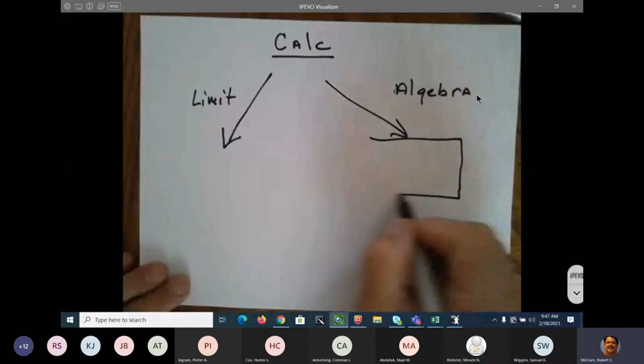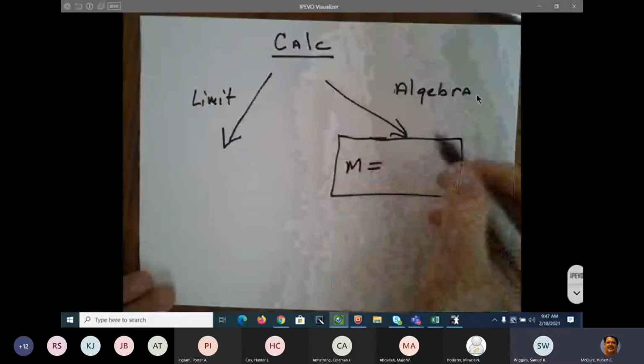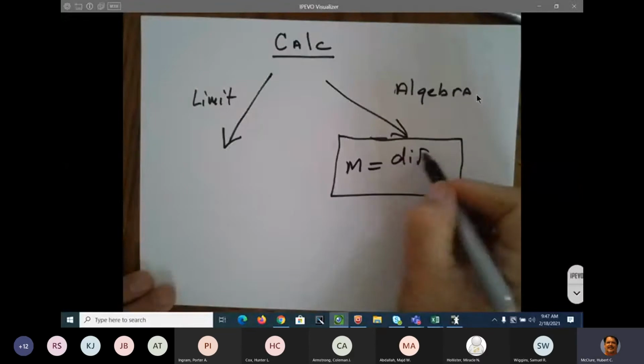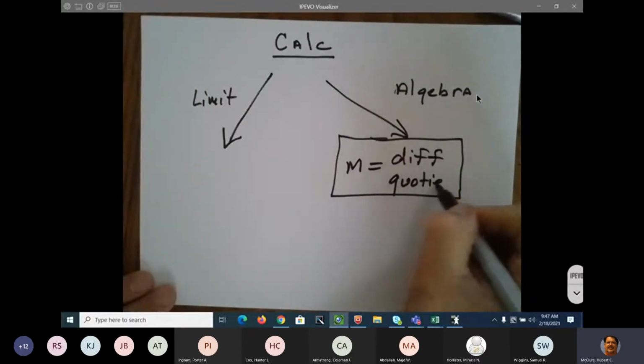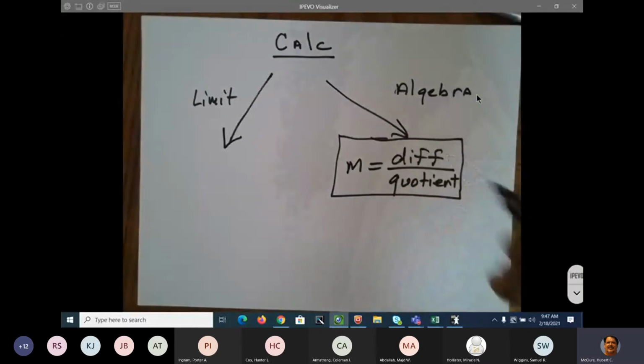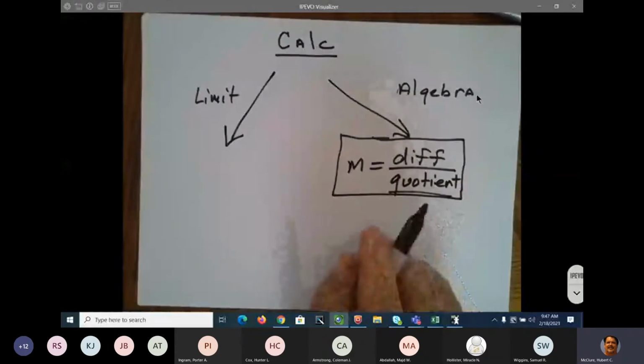And does everybody remember what I told you the difference quotient was? It's a fancy way of saying what? The slope. So I did cover that with y'all? Yes. Okay. So the slope is the same thing as the difference quotient.